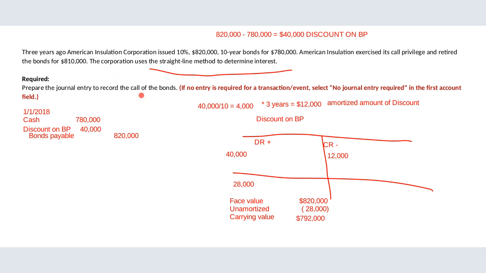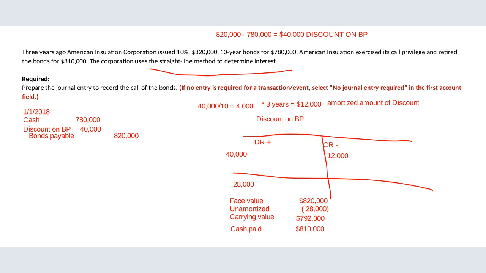And we sold the bonds for 810. So 792 minus 810. So we had to pay more, okay? The cash that we paid, it's 810.